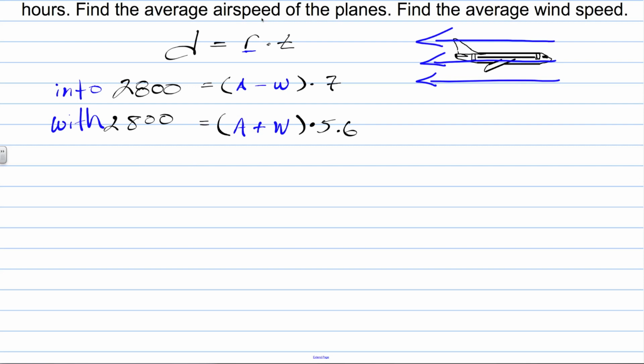So to start solving this system of equations, it's pretty easy. I'm going to show you one way I like to do it. I'm going to take the first equation and write it down, and then to the right of it, I'll put the other equation, because I'm going to simplify these equations a little bit first.